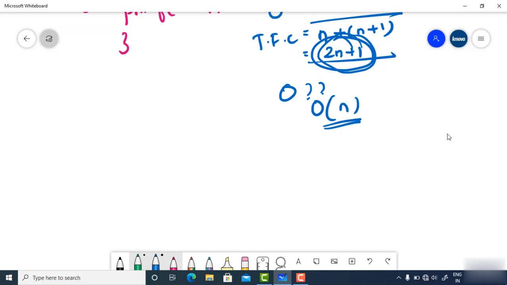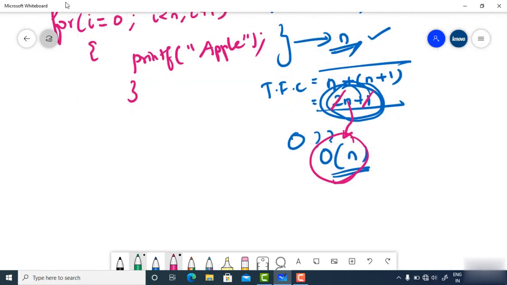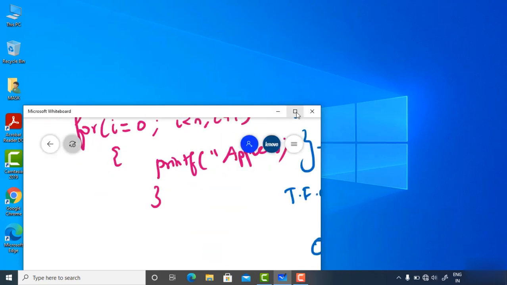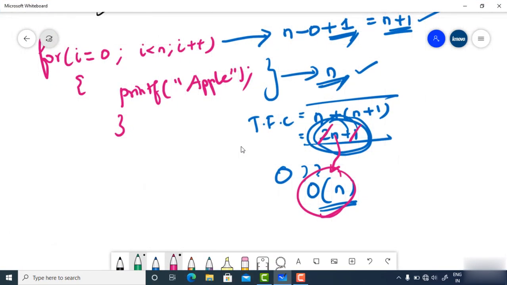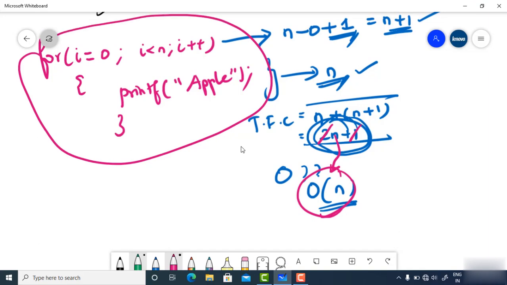To find big O, you just have to ignore all the constants and take the n. So this particular set of code is taking O of n times, which means linear time.